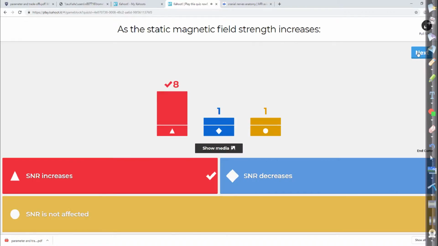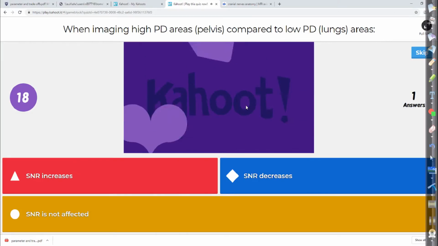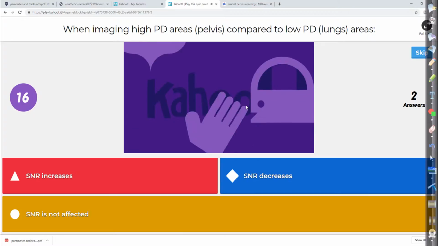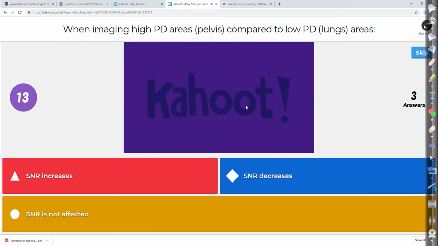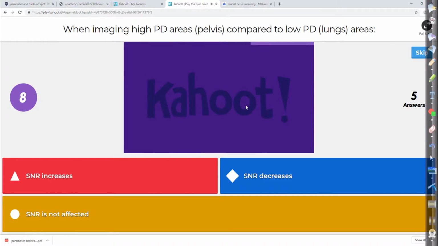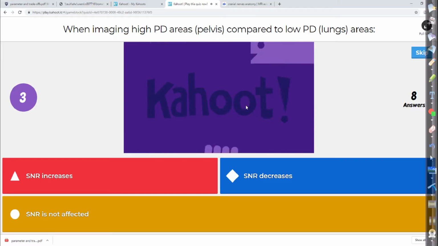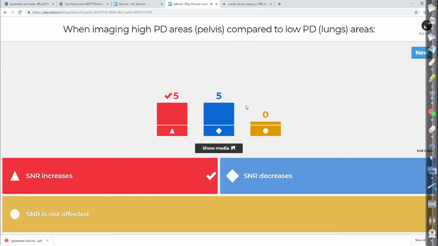Good. Ooh, split halfway down. So once again, if you're imaging an area like the pelvis, which has more of those hydrogen spins, you're going to get inherently more signal from those tissues.